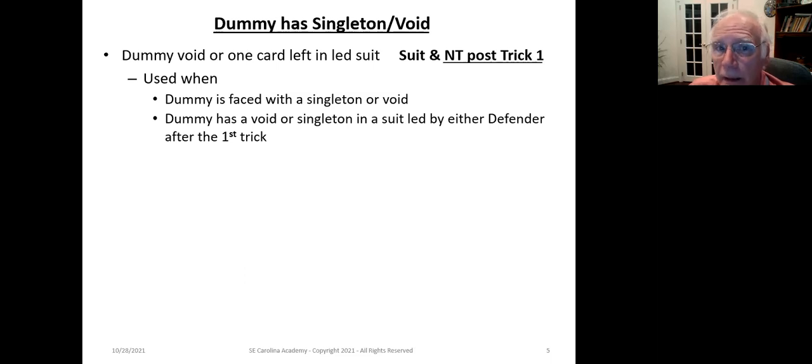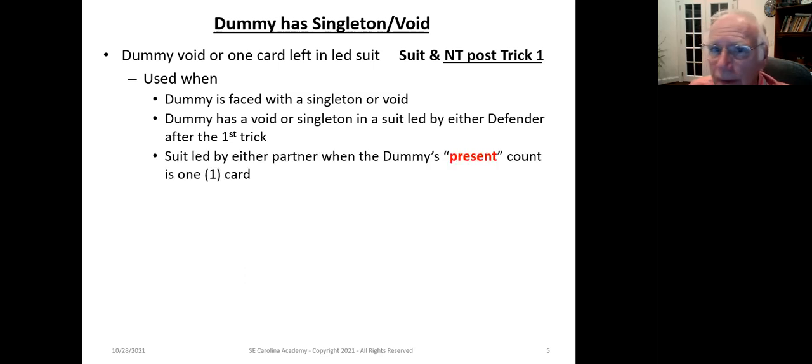And it can occur when the suit is led by either defender after the first trick. Now, after the first trick, the capability to give this signal is persistent. Let's say that your partner leads the ace on trick 1 in a suit contract, or even no trump.